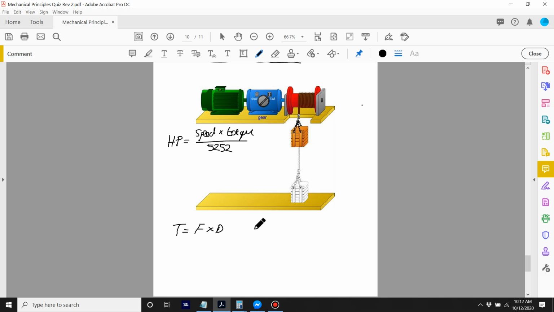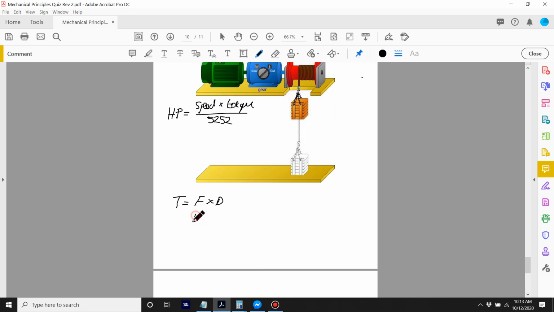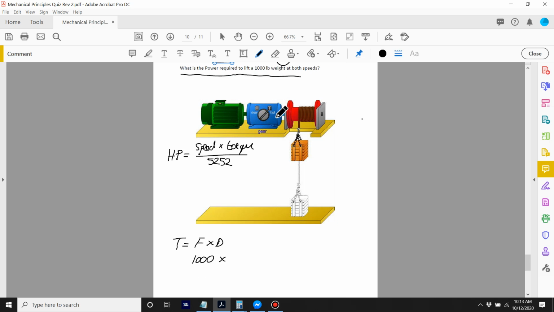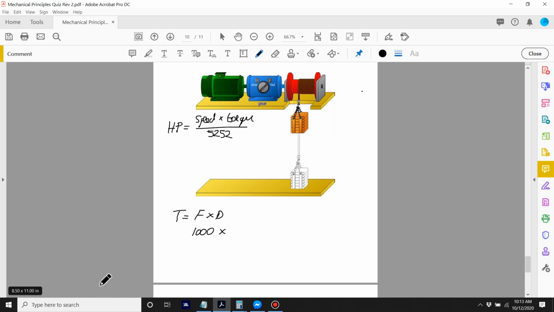The force is going to be 1,000 pounds. The distance is going to be the radius of the drum, and that's going to be 3 inches, but we divide that by 12. 3 divided by 12 is a quarter, so it's going to be 0.25 feet. So the torque is going to be equal to 250 foot-pounds.